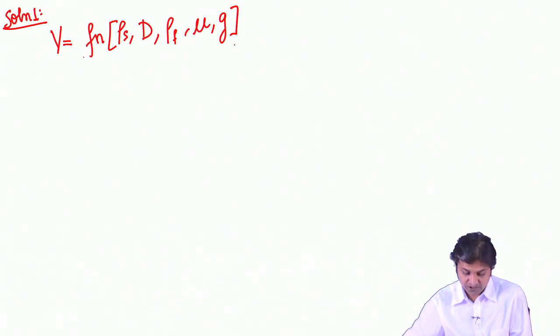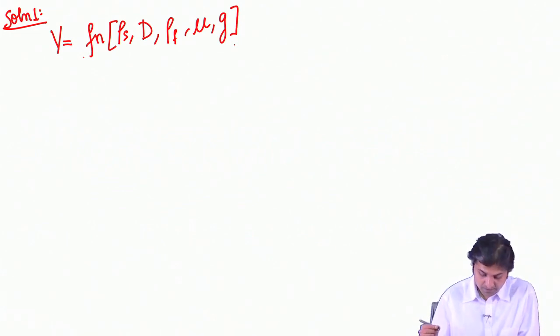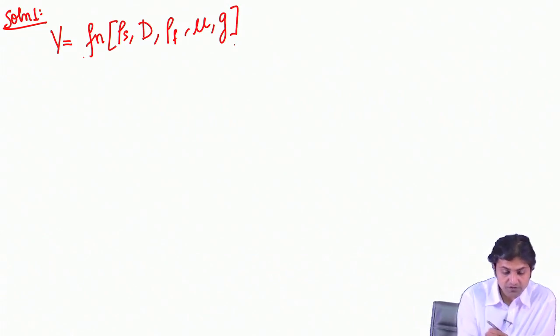See if we have missed any variable. It says a small sphere of density rho s and diameter d settles at a terminal velocity v in a liquid of density rho f, dynamic viscosity mu and g. All right. So, the first step is that we have to list the dimension of each variable.